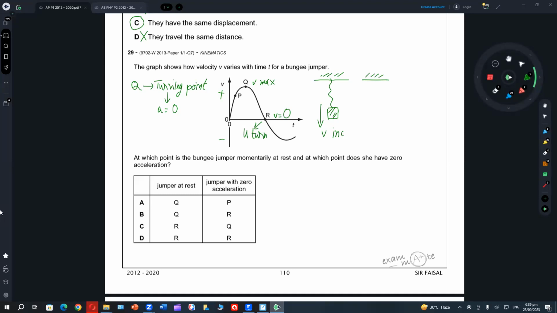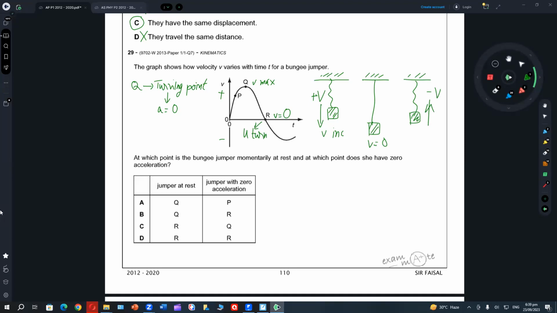Sir, because the object goes in the opposite direction, so it goes back up. The person is now going upward. During the upward motion, velocity will become negative, and during the downward motion, velocity is positive.